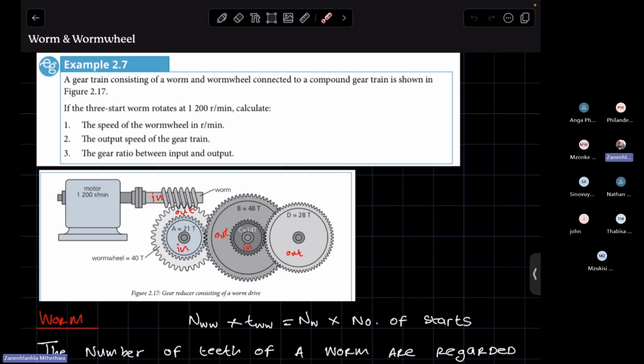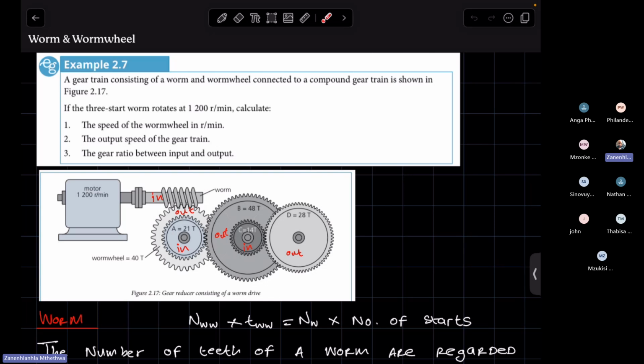But because it is not necessarily a gear, it doesn't have teeth. But we are still able to use something else in place of teeth, and that is what we call number of starts. So instead of teeth, a worm has number of starts.